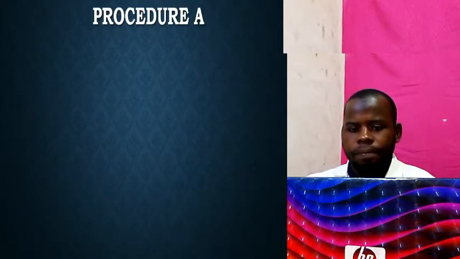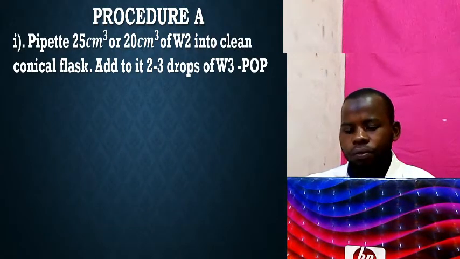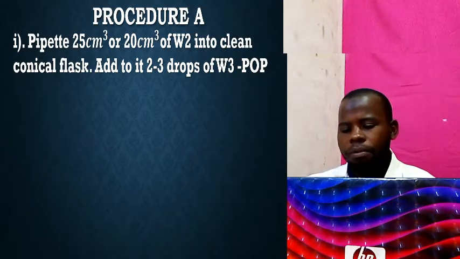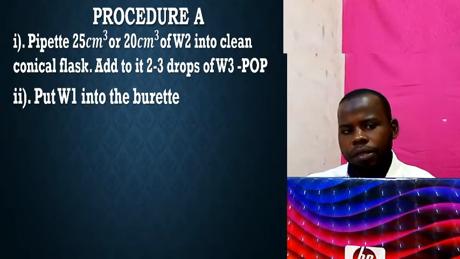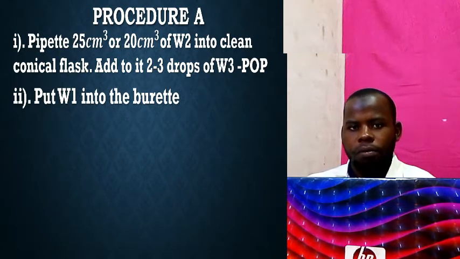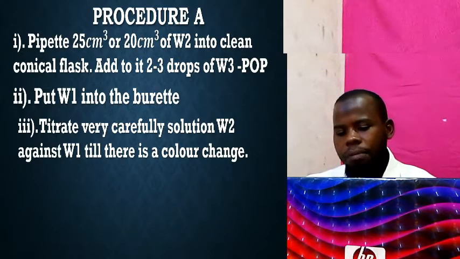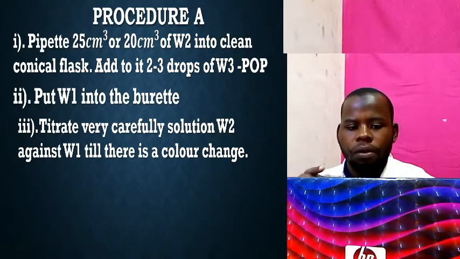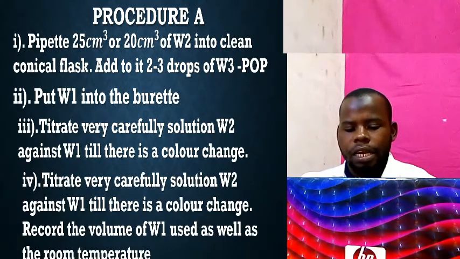Procedure A. Pipette 25 cm3 of W2, which is succinic acid, into a conical flask. Add to it drops of W3, POP. Put W1 into the burette, which is sodium hydroxide, 0.1 molar. Procedure 3: titrate very carefully solution W2, succinic acid, against W1, sodium hydroxide, until there is a color change using your indicator.